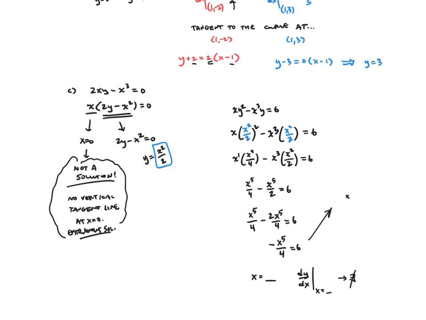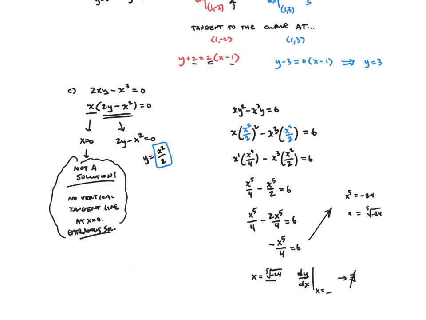This would mean that x to the fifth is equal to negative 24. And now I can take an odd root of a negative number. So x equals the fifth root of negative 24 has a vertical tangent line.